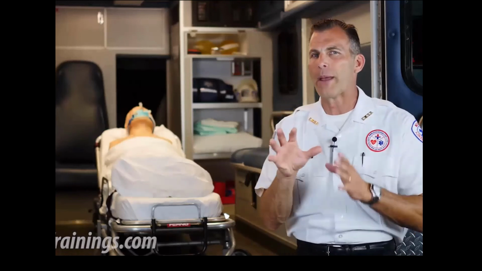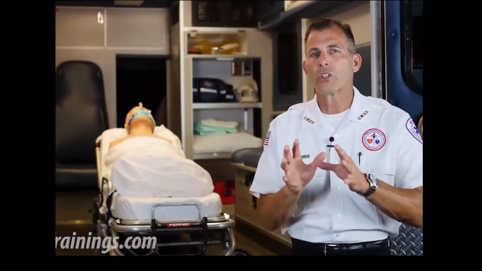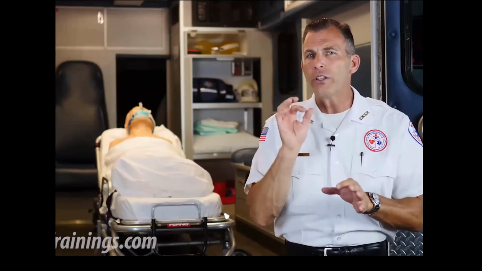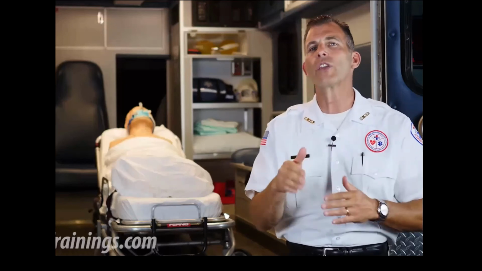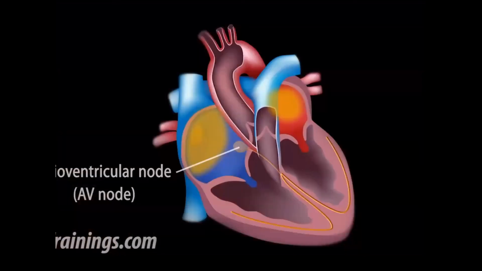Now let's follow that pathway of the electrical impulse from the SA node to where it terminates at the end of the Purkinje fibers. So after the SA node initiates that electrical impulse, that impulse travels via the pathways called the internodal pathways. These travel throughout the right and the left atria, and then depolarizes the myocardial cells, which causes the actual muscle in the atrium to contract.